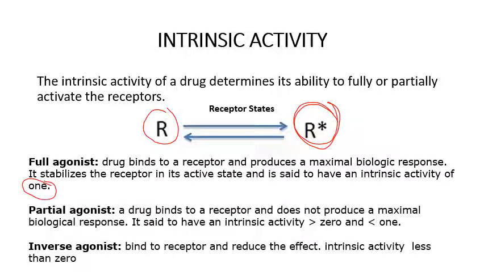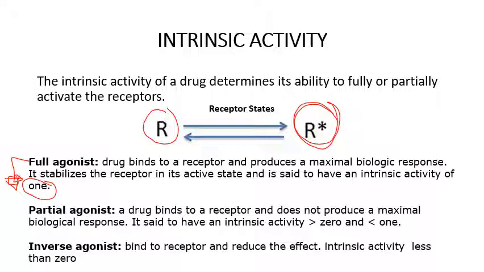So the full agonist will produce a full response, which means that the binding of a full agonist to receptor will stabilize the drug-receptor complex in the activated form.